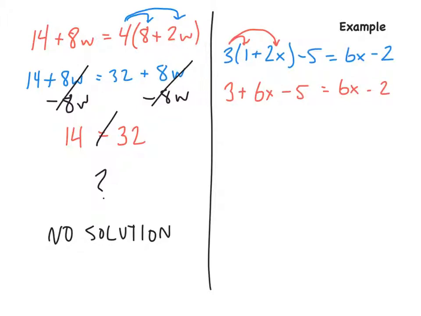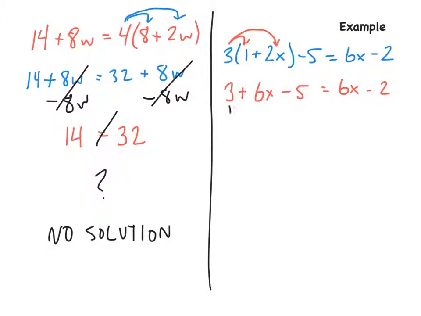Now, are both sides simplified? Well, we have a constant, a number here of 3, and we have a term here of negative 5. We can combine these. If we combine a positive 3 and a negative 5, we get a negative 2.